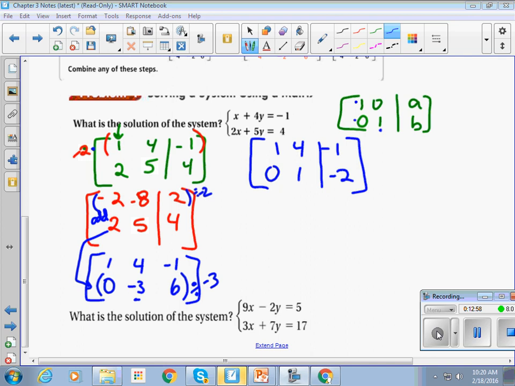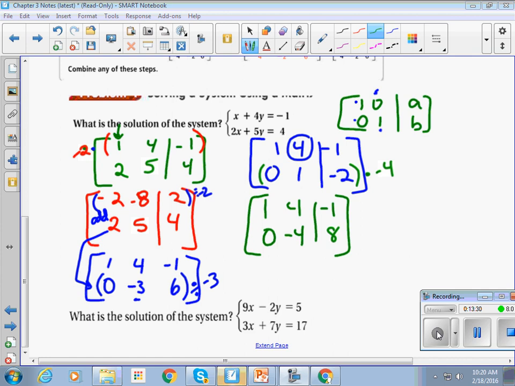I just need to take care of this guy and get him to be a 0. So I'm going to take my bottom row and multiply it by -4, because 1 times -4 will eliminate that +4. When I do that, I get 0, -4, 8.